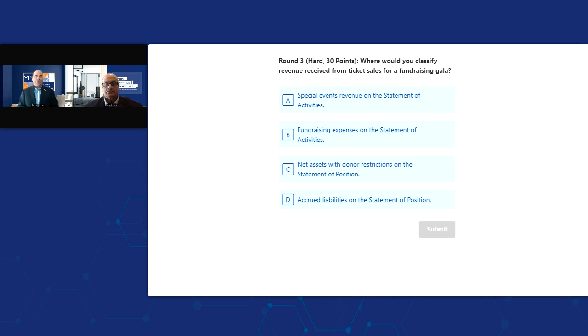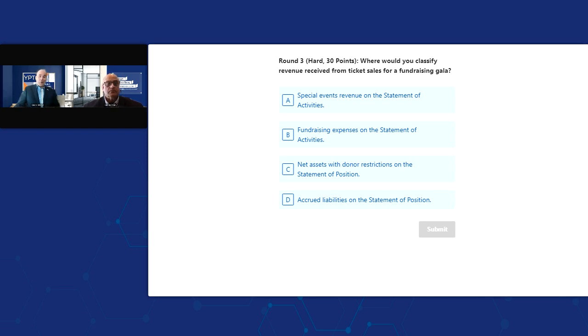Our first question, worth 30 points. Where would you classify revenue received from ticket sales from a fundraising gala? We've hosted a few. Is it A, special event revenue on the statement of activity? B, fundraising expense on the statement of activities?